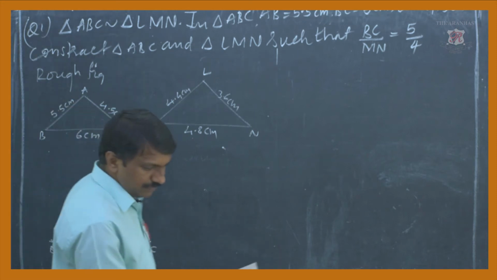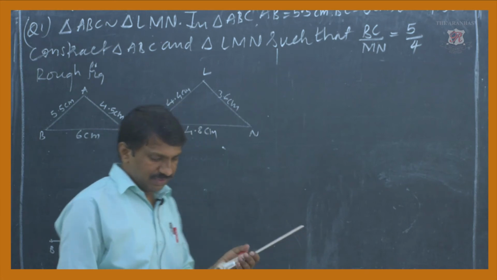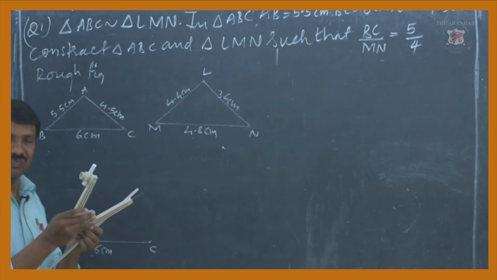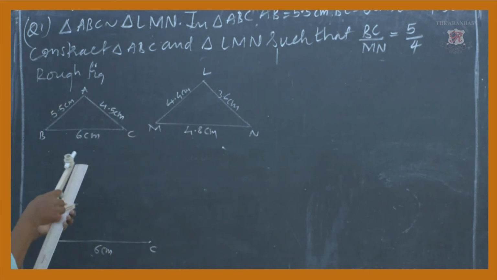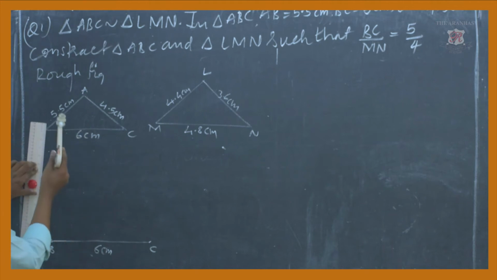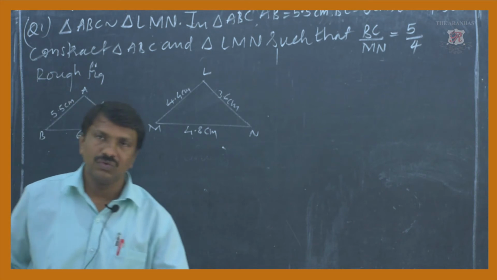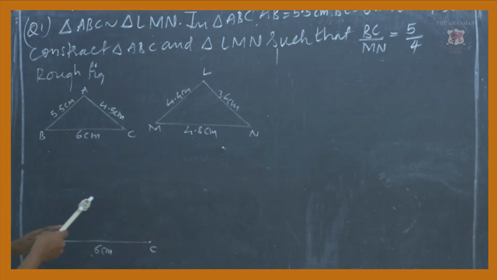So take your rounder, take 5.5 centimeter distance here. This is 5.5 centimeter. Keep the rounder point at B, and from point B construct one arc like this.